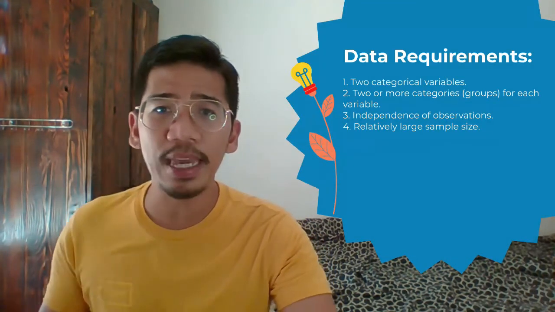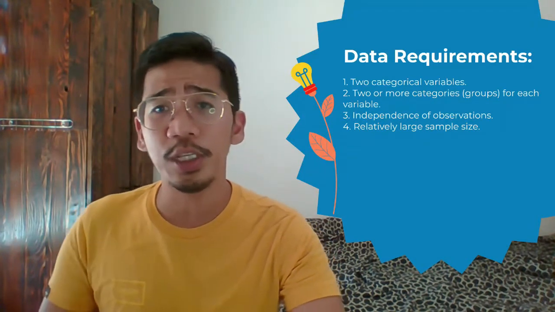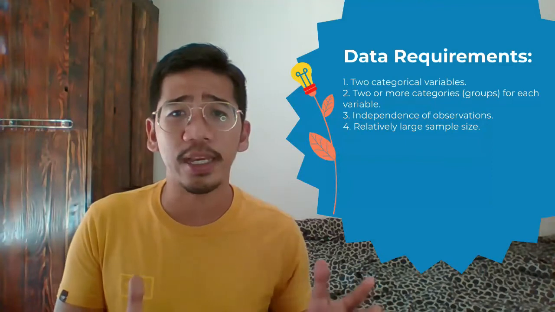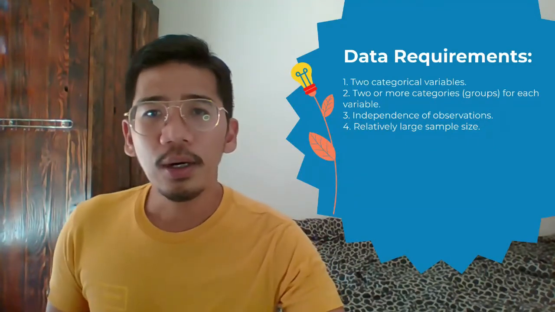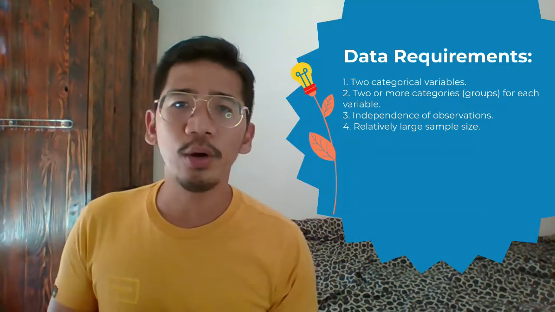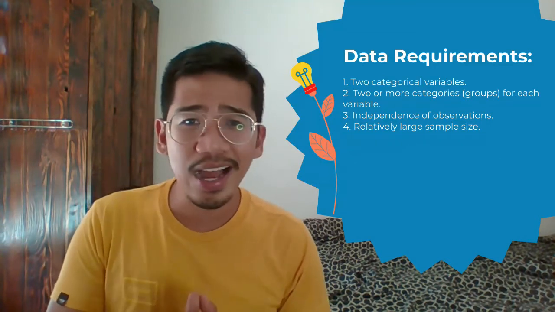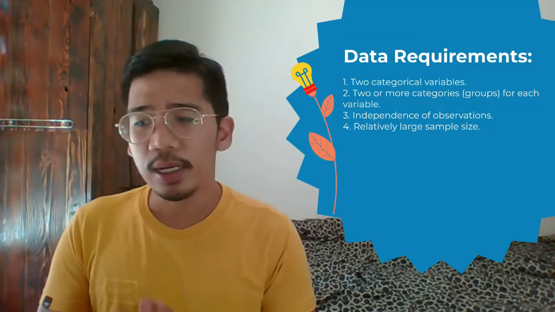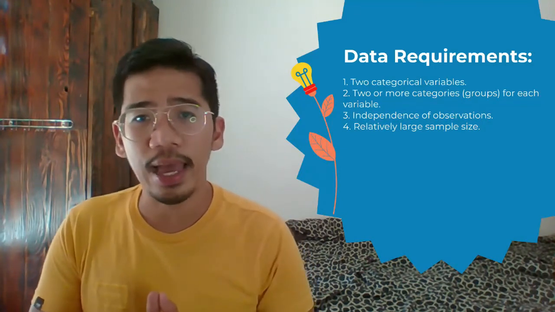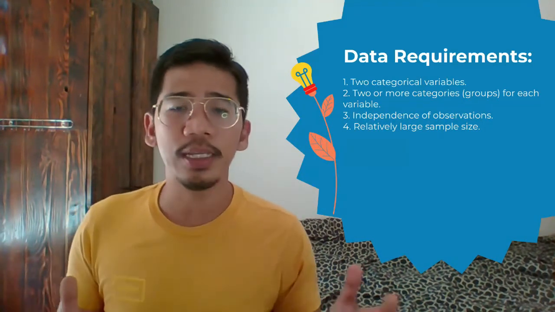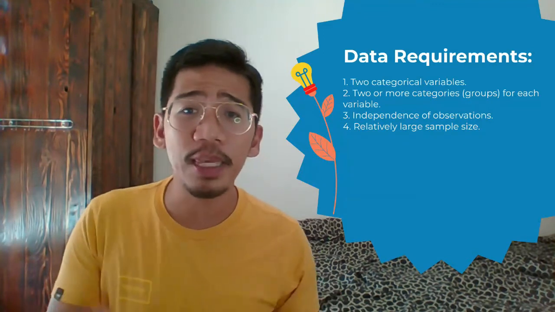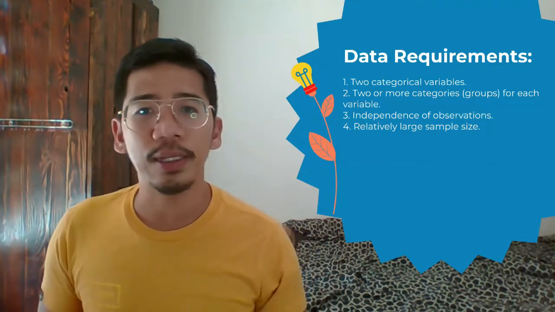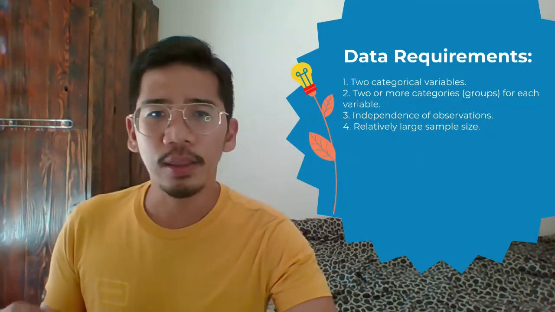There should also be independence of observation, which means that there is no relationship between the subjects in each group. Also, the categorical variables are not paired in any way. This means that measurements that have pre-test and post-test observations may not be used for computing the chi-square test of independence.